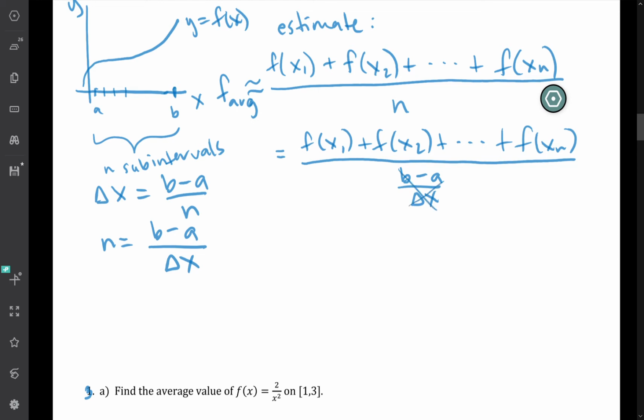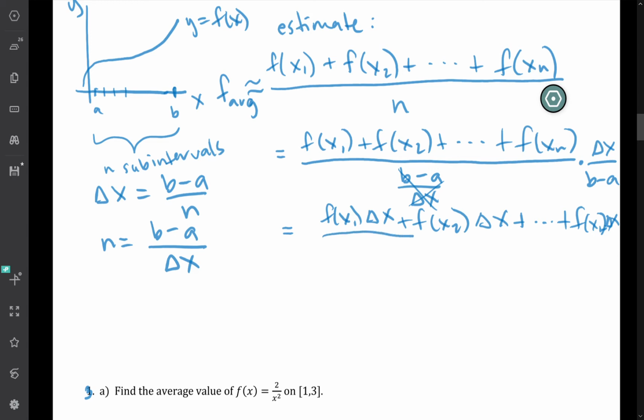Which means we can flip and multiply and say we're going to have this multiplied by delta x over (b minus a). So we now have that the average value is the same as f of x1 times delta x plus f of x2 times delta x, plus all the way up to f of xn times delta x, and that is divided by b minus a.